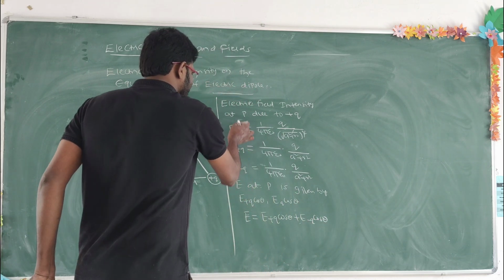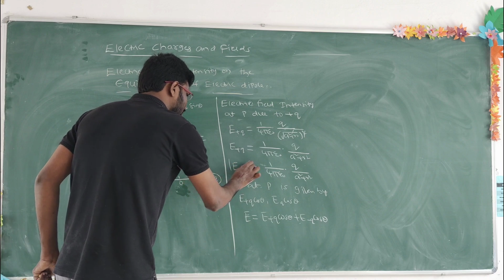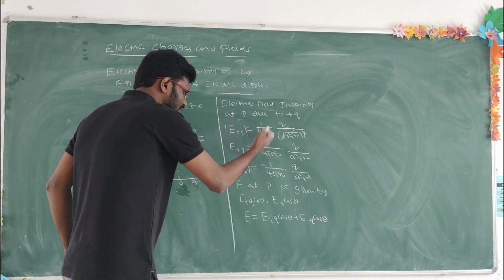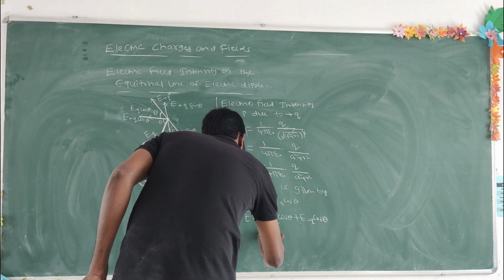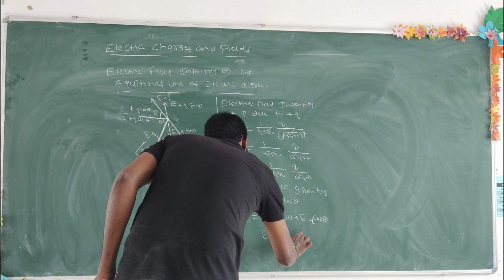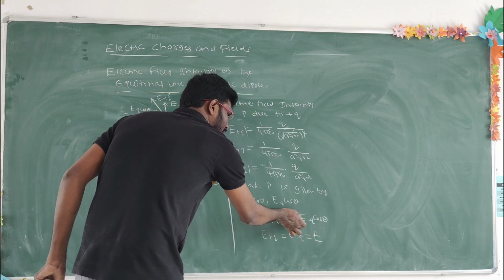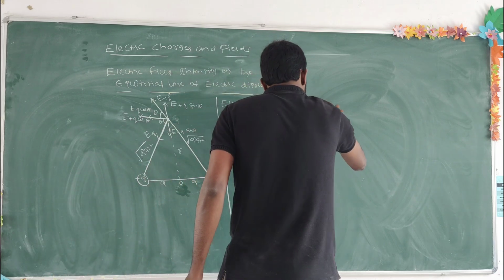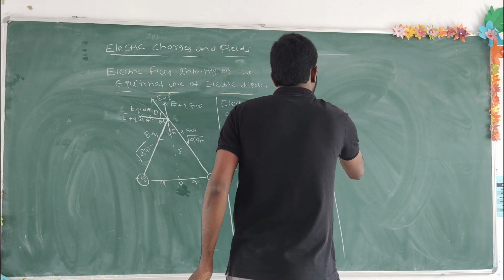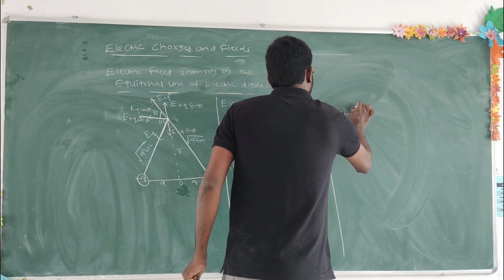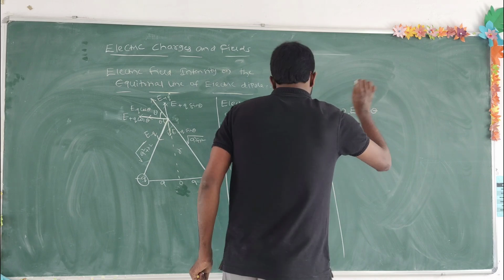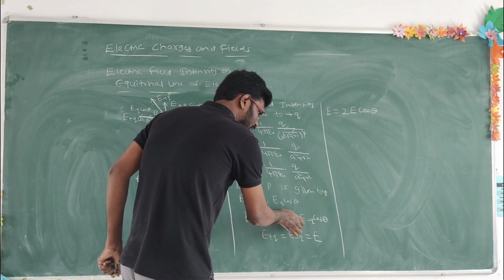If you see, E plus q and E minus q are the same in magnitude, so E plus q equals E minus q, which is equal to E. Then this becomes E cos theta plus E cos theta.